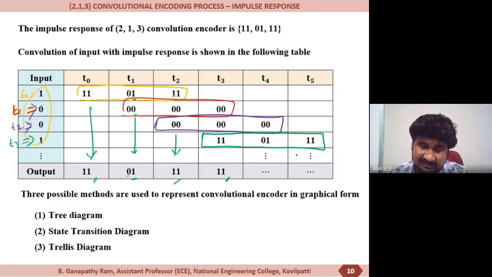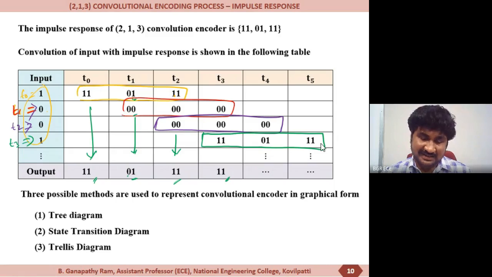So it is still going on up to the incoming of the last message bit. So we need not wait for all the k number of bits to be parallelly loaded or buffered for the encoding process. That is the biggest advantage of the convolutional encoder, as we have already stated earlier when starting this session.